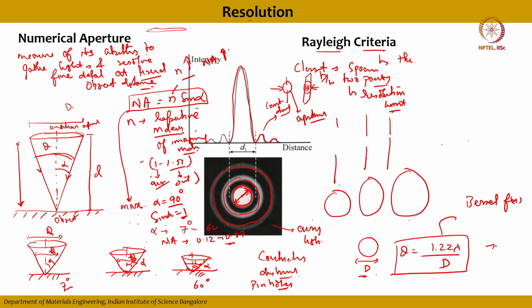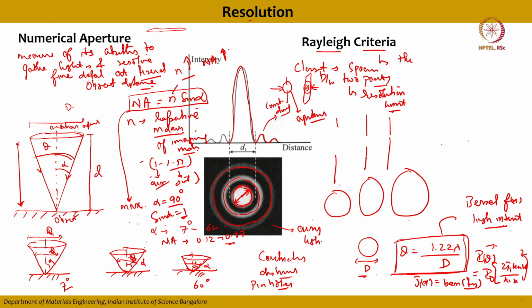The light intensity I(theta) is a function of I naught times [2 J1(ka sin theta) / (ka sin theta)] whole squared, where J1(x) is the Bessel function of x. In this Bessel function, the first minimum occurs at theta equal to 1.22 lambda by d.